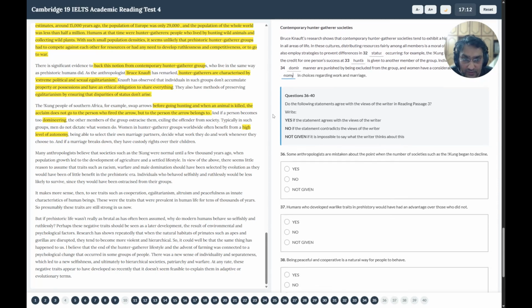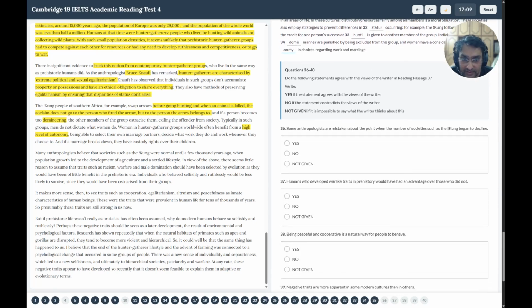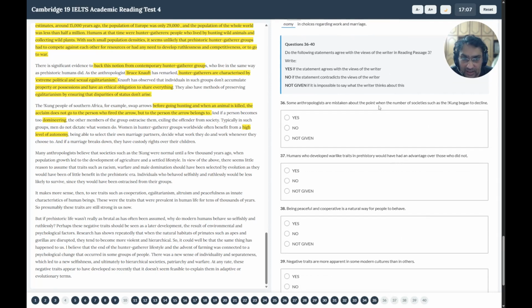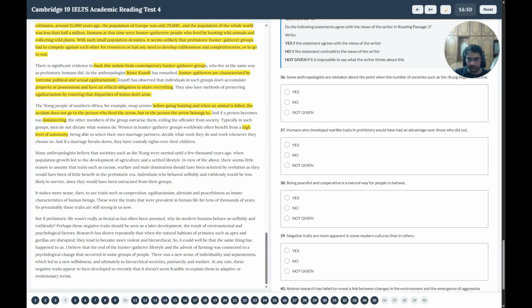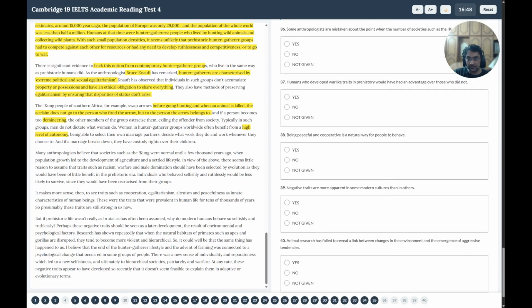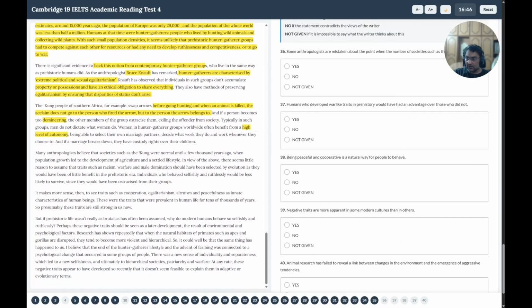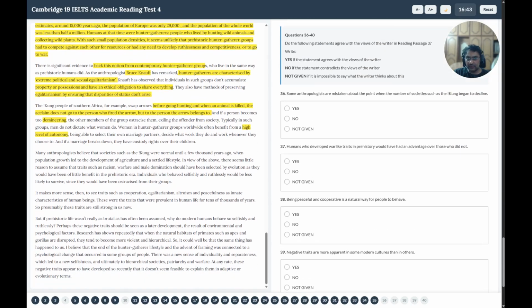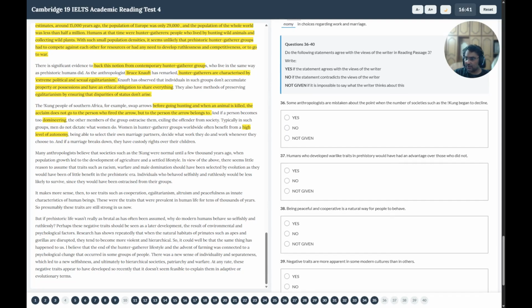Do the following statements agree with the views of the writer in reading passage 3? Some anthropologists are mistaken about the point whether the number of societies such as the Kung began to decline. Not sure. Many anthropologists believe that societies such as the Kung were normal until a few thousand years ago.